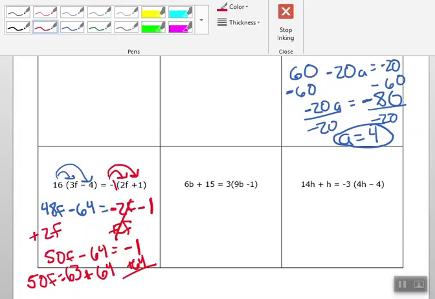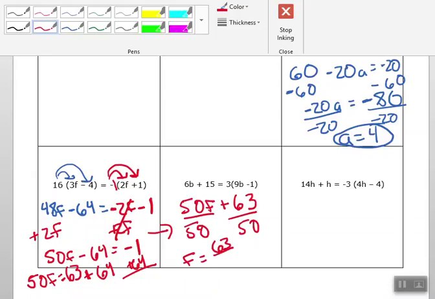Okay, and so now I'm left with, I'm going to bring it over here just because I ran out of room. So I have 50f equals 63. I am going to divide both sides by 50. I'm left with f is equal to 63 over 50.